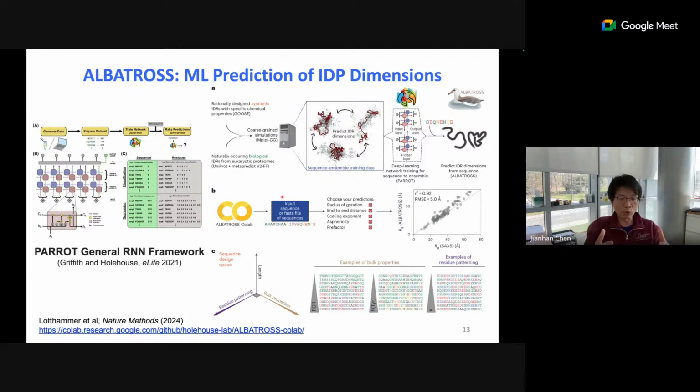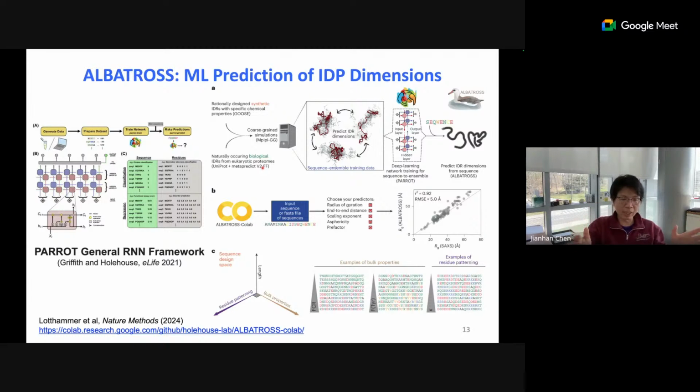Another example I want to tell you about, to illustrate how this kind of really simple model can be useful, is from Alex Holehouse at WashU. He takes another CG model and uses it as an input because, as I mentioned, this model is really efficient. You can calculate ensemble properties of a disordered protein for any sequence really quickly.